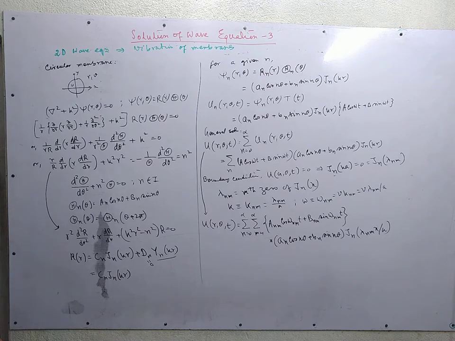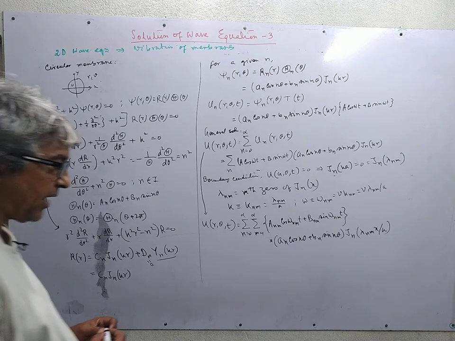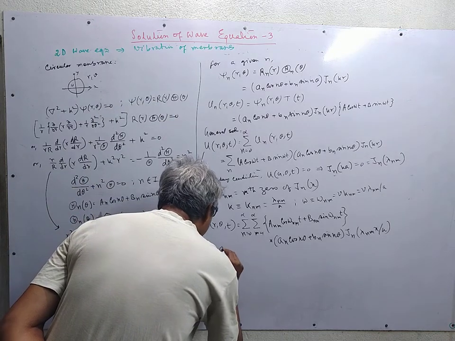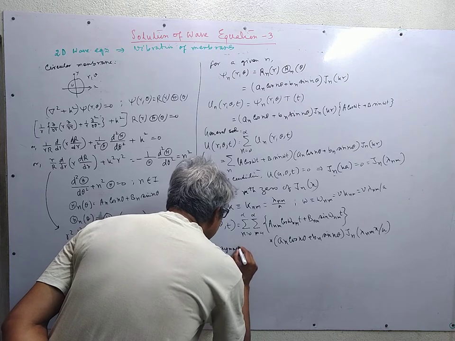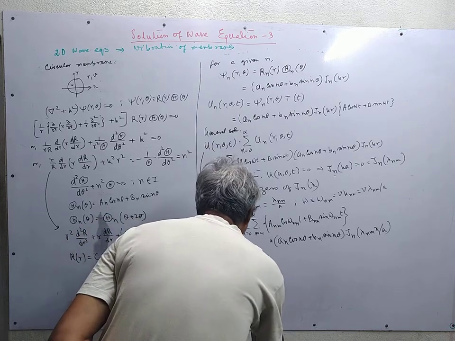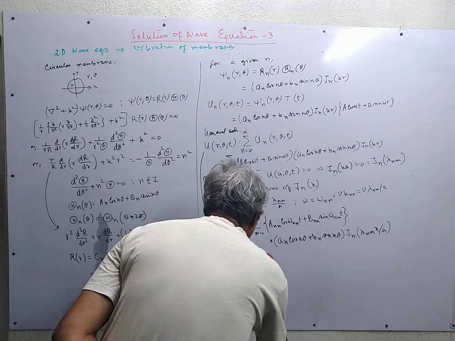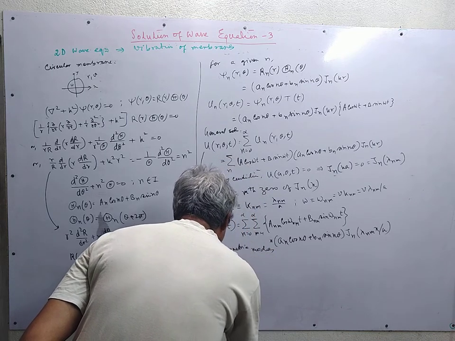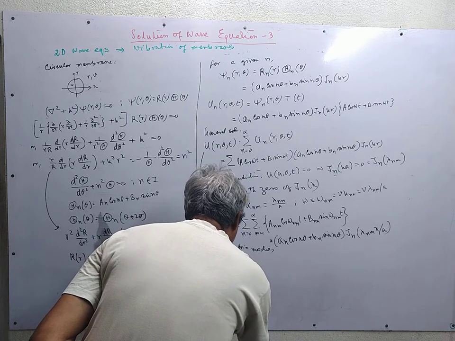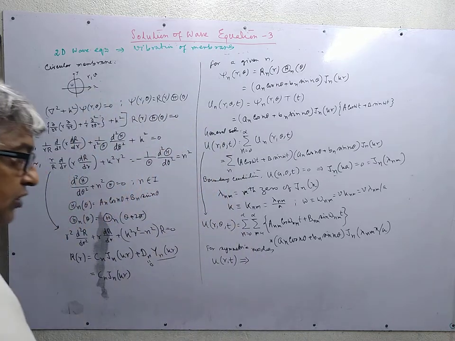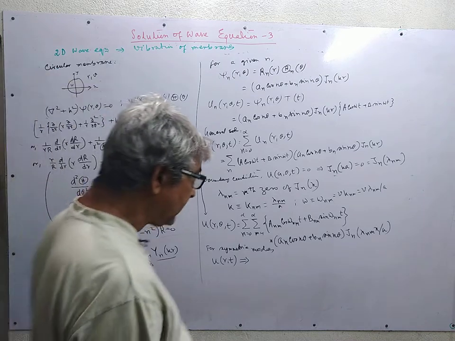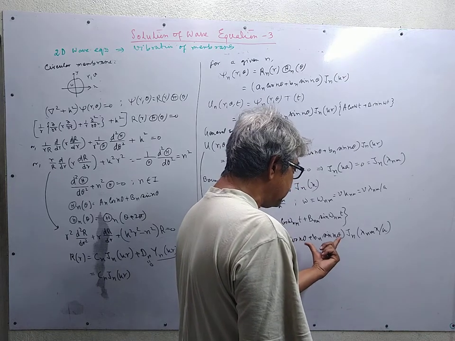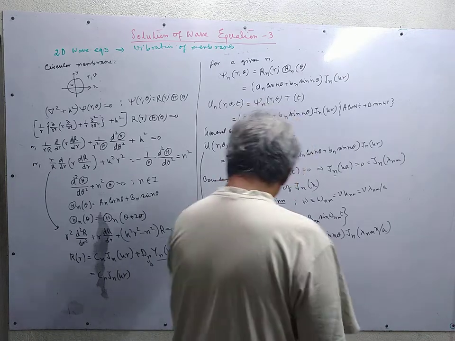There is one other thing that appears for symmetric modes of vibration. Here u is a function of r and t only, which indicates that the solution has no theta dependence. Since the solution doesn't have any theta dependence in the symmetric mode, n has to be 0.